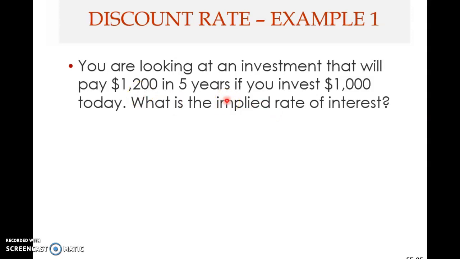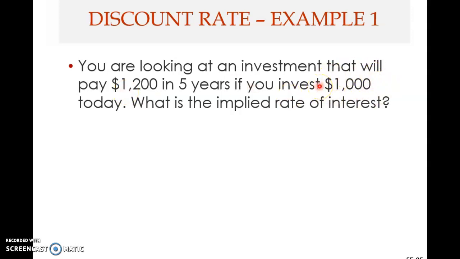The unknown fourth element. Okay, so here the first element is this 1,200 in 5 years. This is future value, and it is given. If you invest $1,000 today, this is present value. So there are two elements here: 1,200 is the future value, and this is the present value.